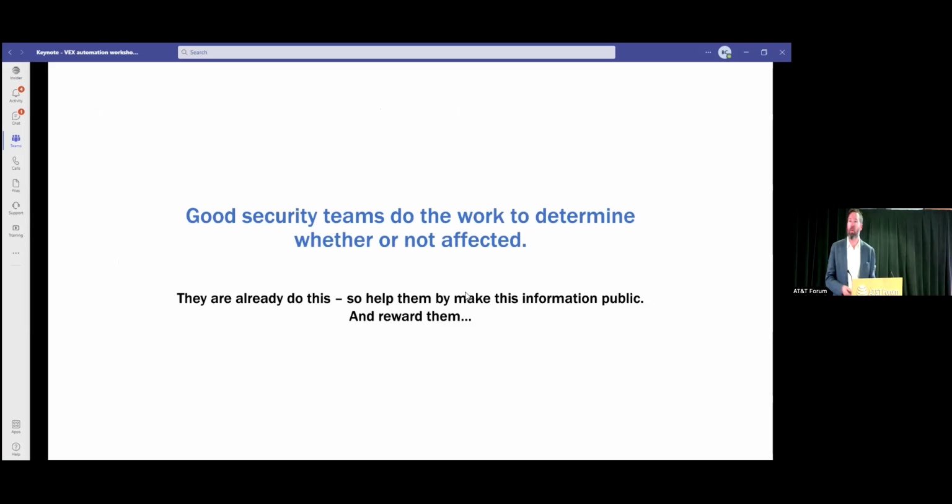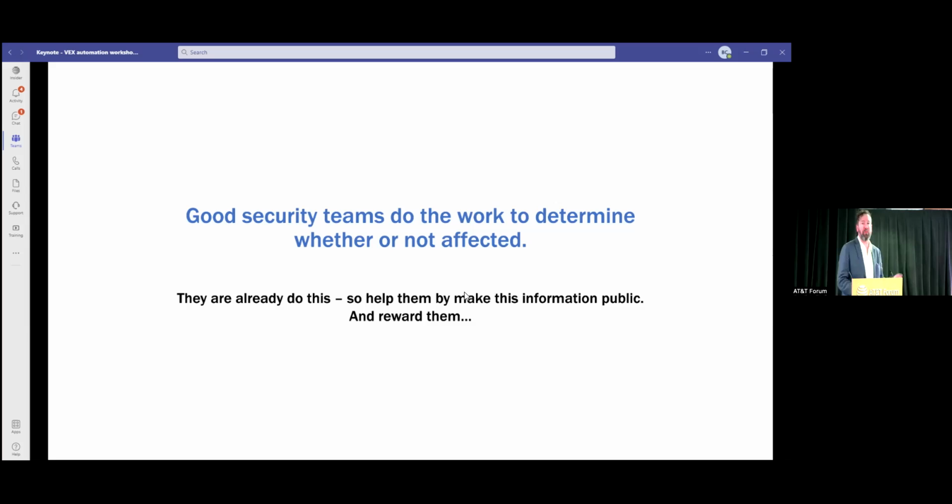So who's going to actually do the work to determine whether someone has to worry? Well, the good news is that in theory, product teams should be doing this already, right? And if you have a security team from your supplier that doesn't have the capacity to do this, that should be a worry, right? And by the way, this applies to open source as well as commercial products. Someone should be determining whether or not new risks actually affect a piece of software.